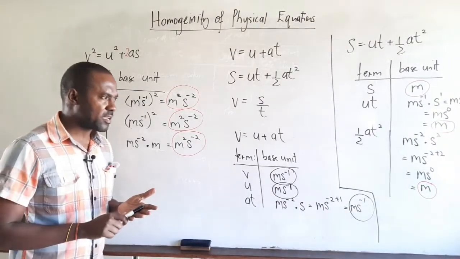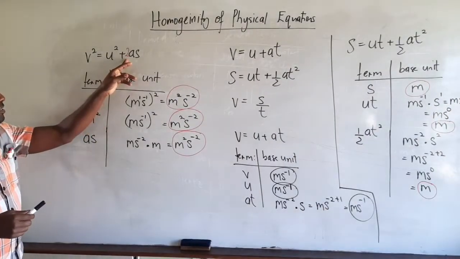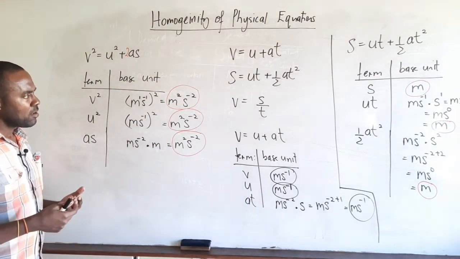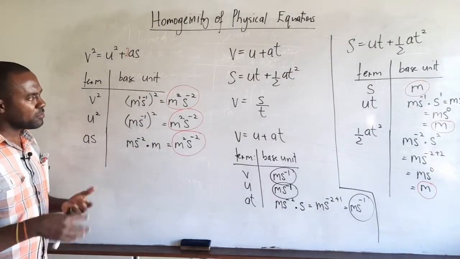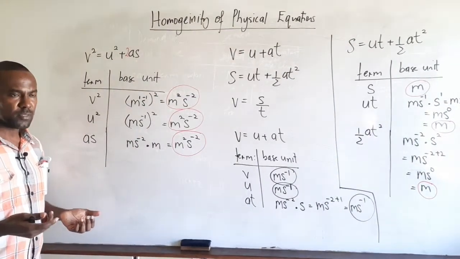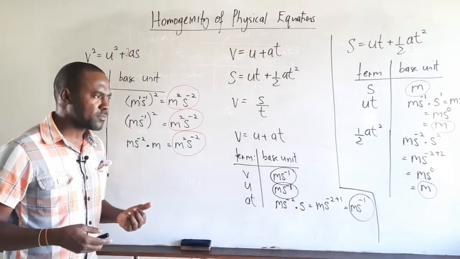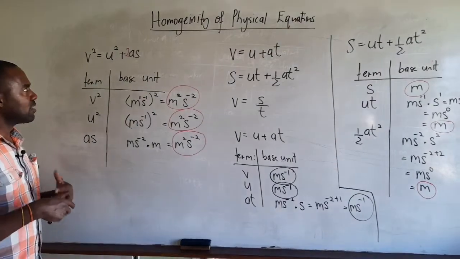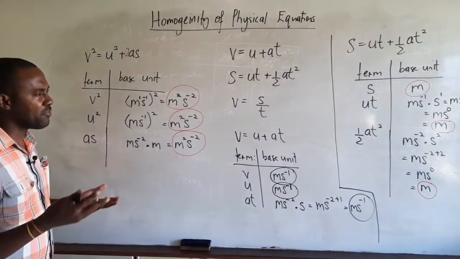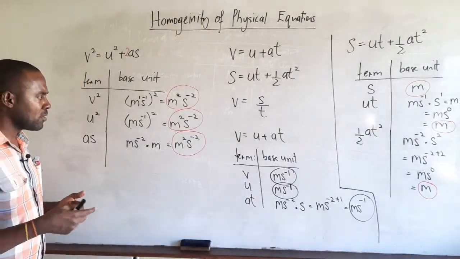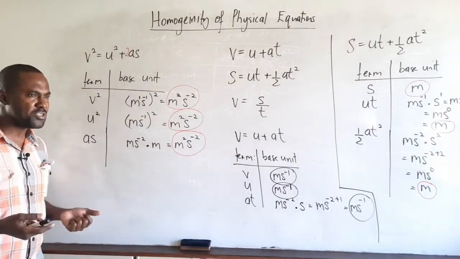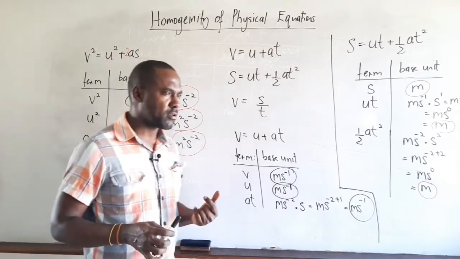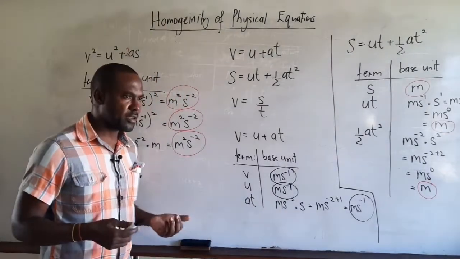So, what have we noticed from this example? We've noticed that by simply omitting the number 2, a multiplying constant, the equation being homogeneous is not affected. So what does this mean? It basically means that the absence of some multiplying constant, like a numerical factor like 2, a half, or so on, will not affect the equation being homogeneous or not. And basically that is one drawback of using the method of homogeneity to check an equation.